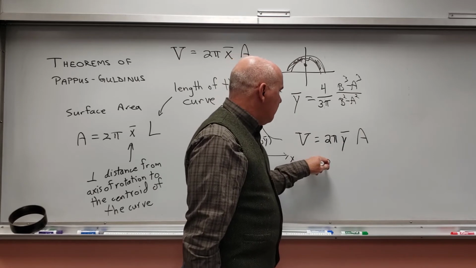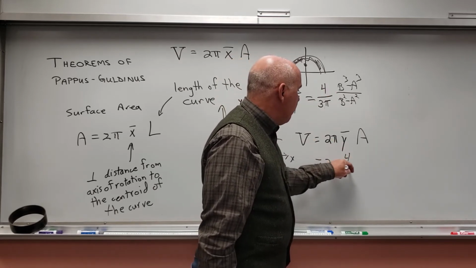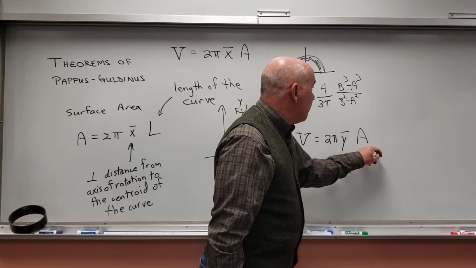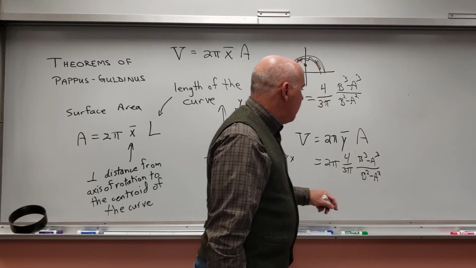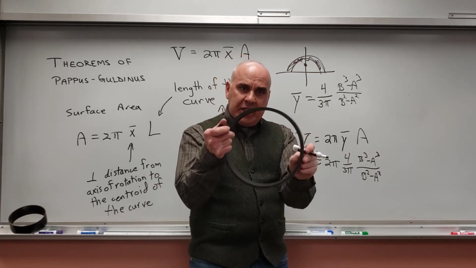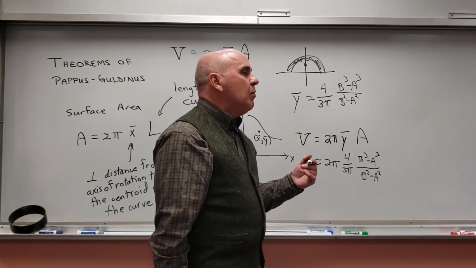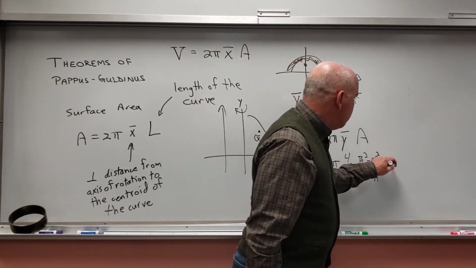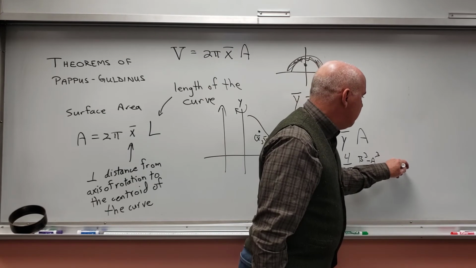All right, so 2 pi, y bar is 4 over 3 pi times (b cubed minus a cubed) over (b squared minus a squared). And then it's a thick half ring. Well, let's see. The area of a circle is pi r squared, so it's going to be pi b squared.